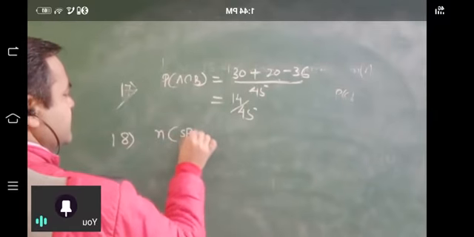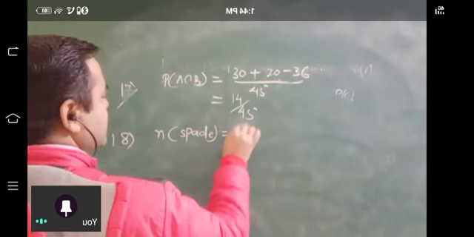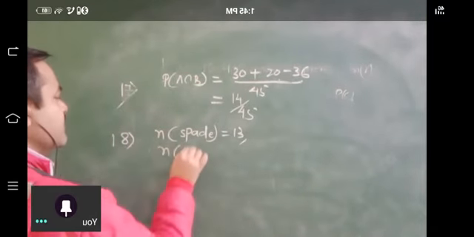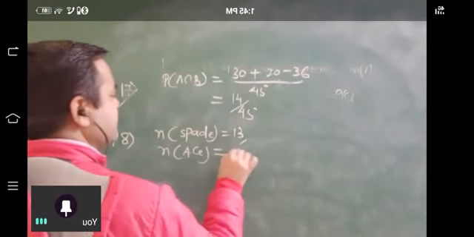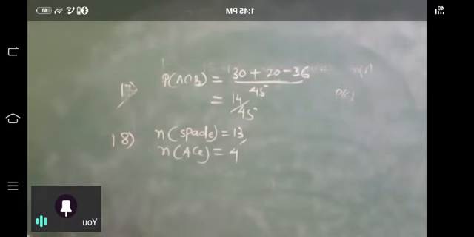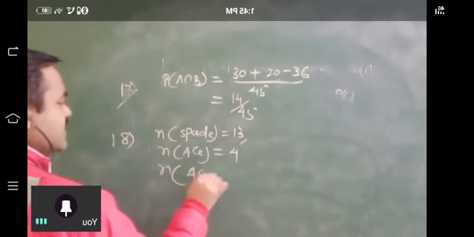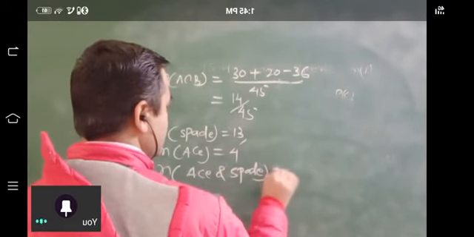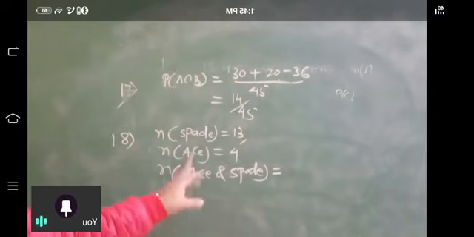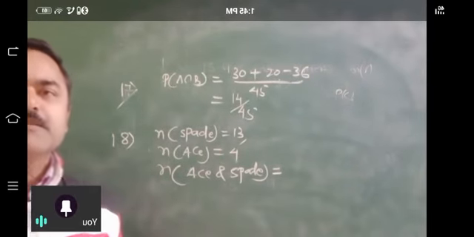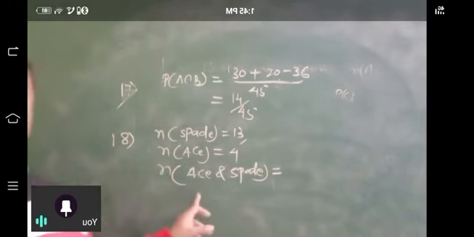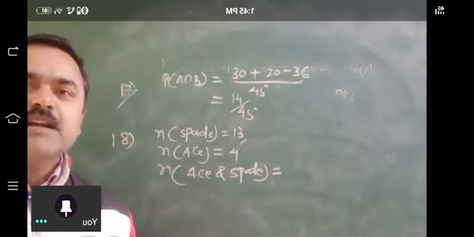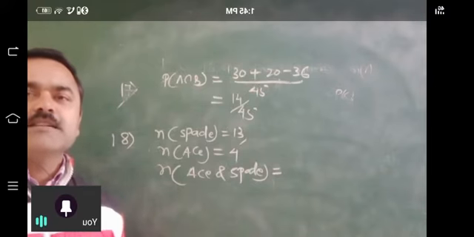Spades are 13. ठीक है और number of aces is 4, and number of ace and spade, देखो हमने कहा है कि एस भी हो और स्पेड भी हो, ऐसे कितने होंगे, मतलब स्पेड का एस, ऐसे कितने कार्ड आएंगे?